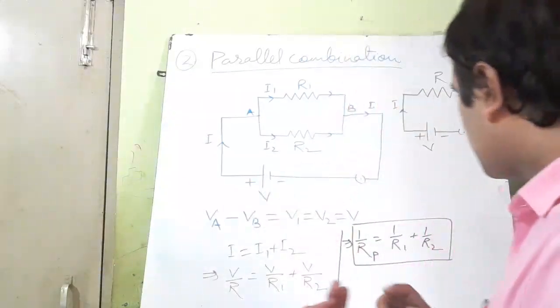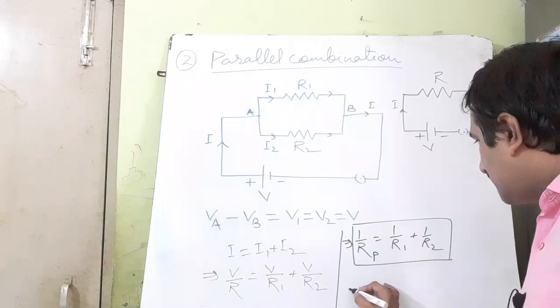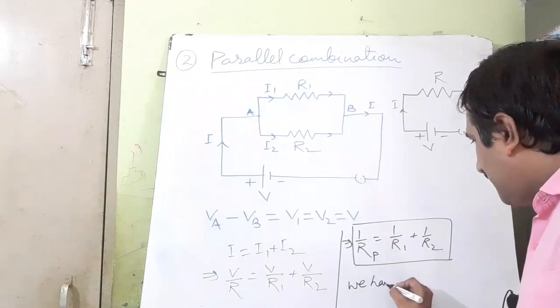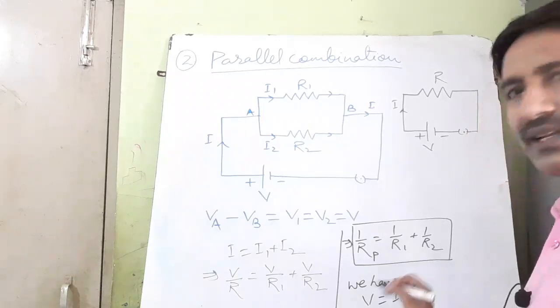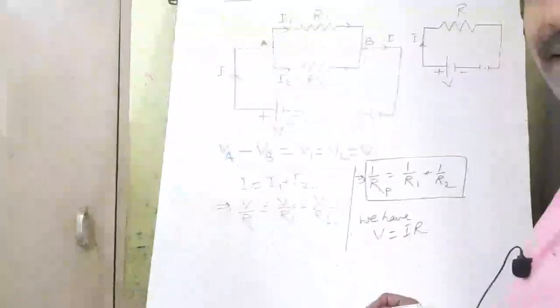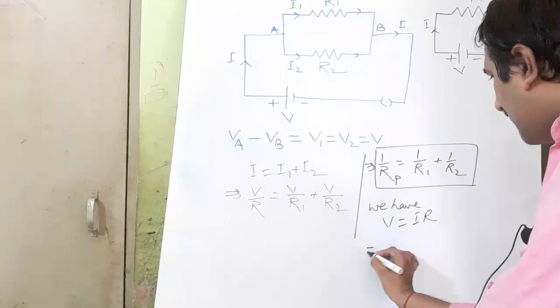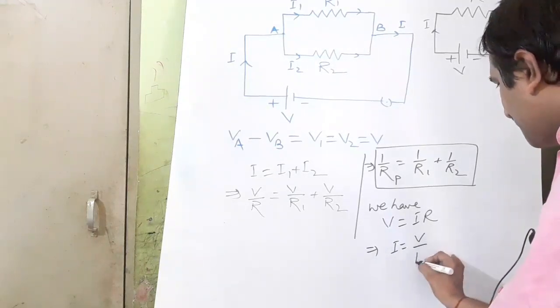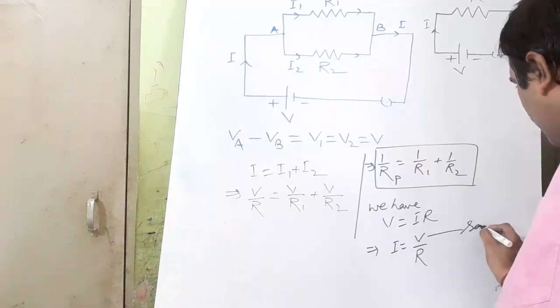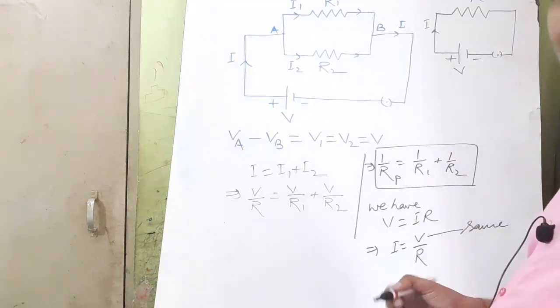And third point, you see, we have V is equal to IR, and from here you can write I is equal to V by R. Here V is same for all the resistors. What does it mean?